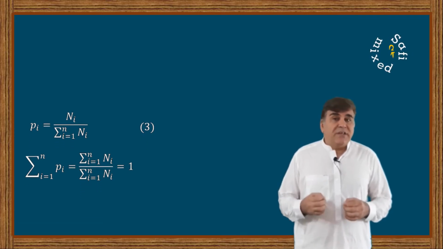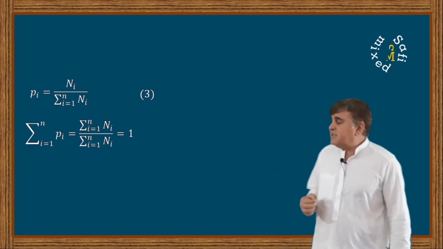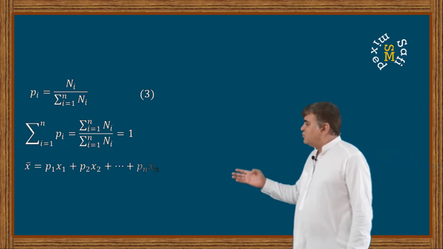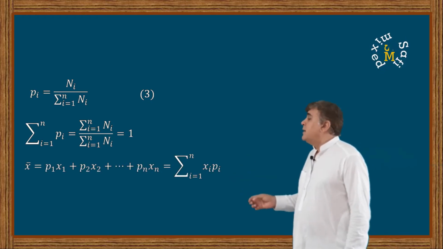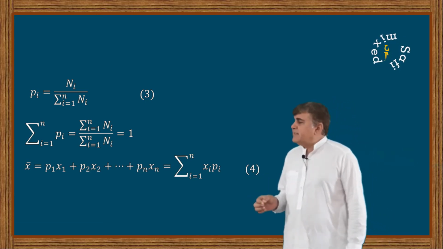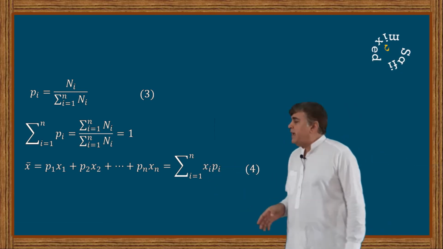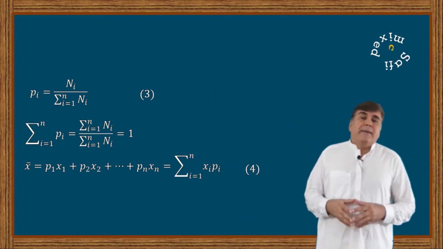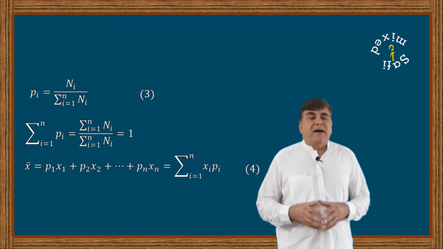Substituting equation 3, equation 1 can be expressed in this one form: x bar equals p1 times x1 plus p2 times x2 plus up to pn times xn, and can be abstractly written as sum over i xi times pi.